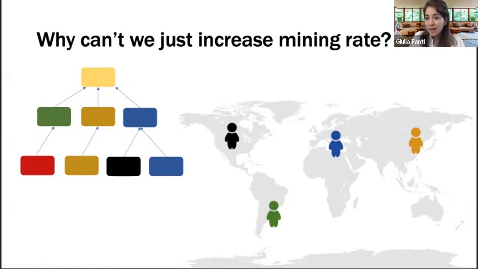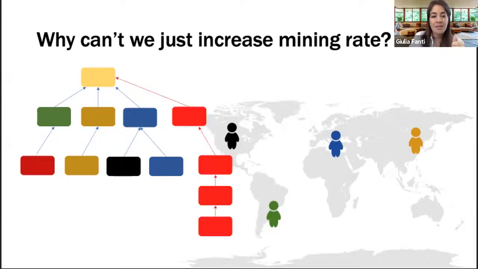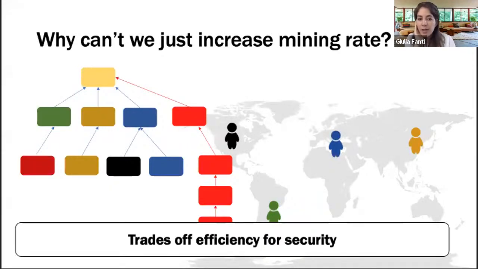But the adversary is able to communicate instantaneously, which means it can take its additional blocks that it's mined and line them all up into one chain and create the longest chain in the system, while the honest nodes are struggling to resolve conflicts in their tree that's getting wider and wider. So increasing mining rate actually trades off efficiency for security, which is not a trade-off that we want to make.